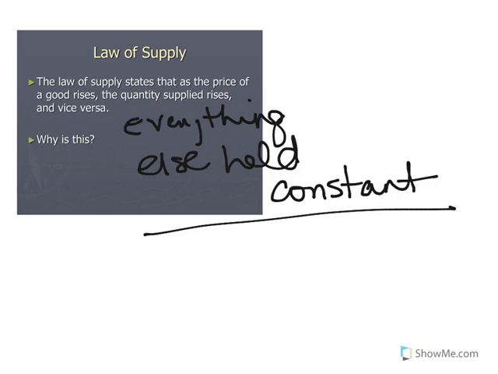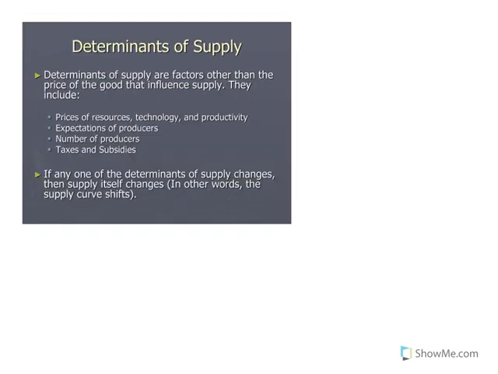So what do we call these other factors that are related to the supply of the good? We refer to them as the determinants of supply. These are the factors that determine why the supply is in the market to begin with.